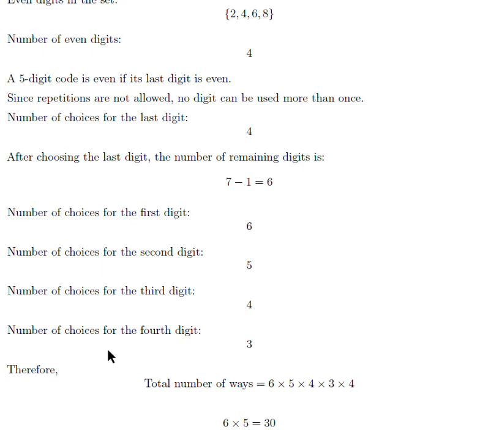And then finally, the fourth position, we have 3 choices left because the first position has taken a number to leave 6 numbers. The second position has taken a number to leave 5 numbers. The third position has taken a number to leave 4 numbers to shuffle.